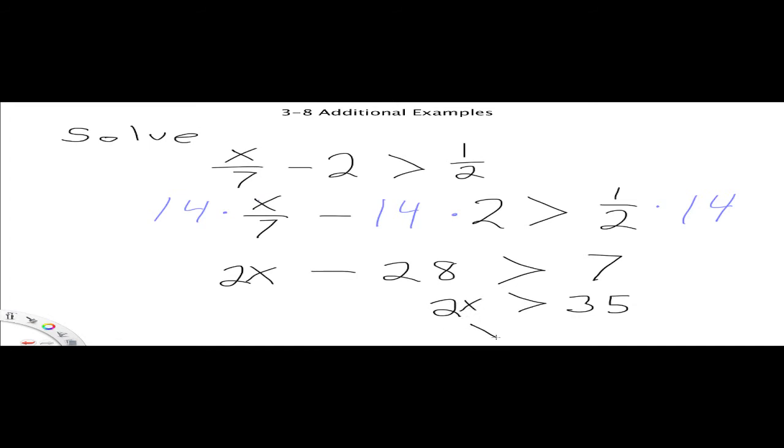It's a positive, so I leave the inequality going the same way. And 2 goes into 35 simply as an improper fraction, 35 halves. We can stop right there. You could, if you wish, make that into a mixed number, but I find working with improper fractions is a lot easier. If we need it as an improper fraction, we can write it as an improper fraction. But we'll stop right there. x is greater than 35 halves.